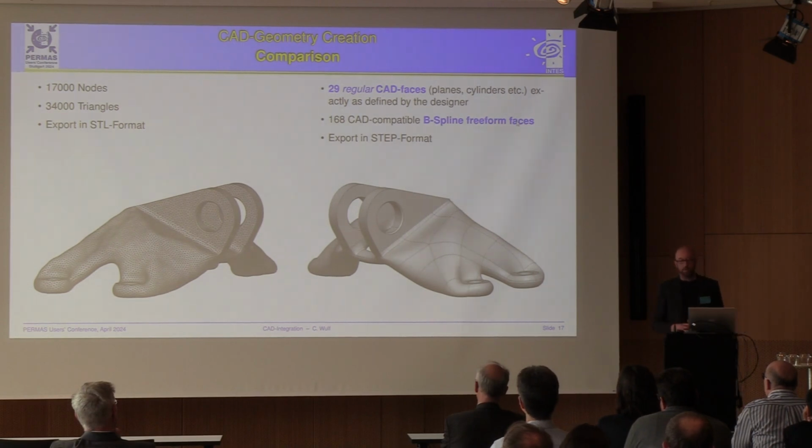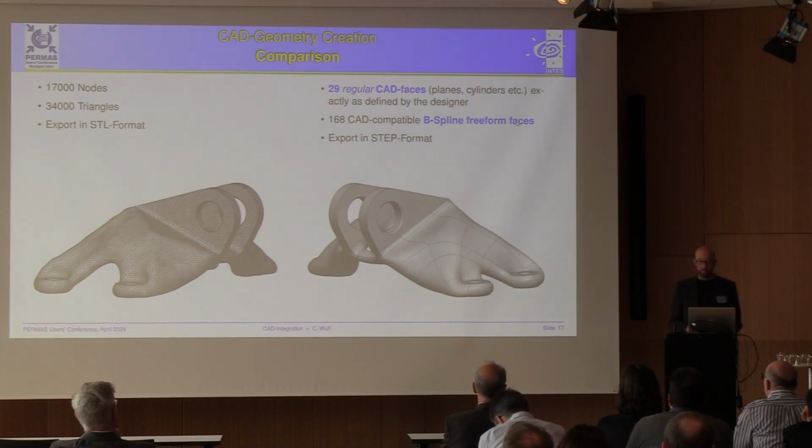These are the planes, cylinders, and so on, that are exactly the same as they were defined by the designer in the CAD system. And then they are combined with 168 CAD-compatible B-spline freeform faces, and then exported together in STEP format.